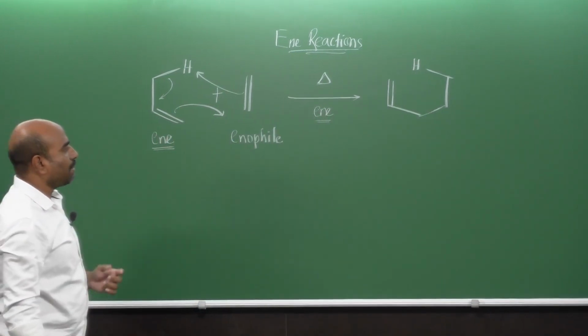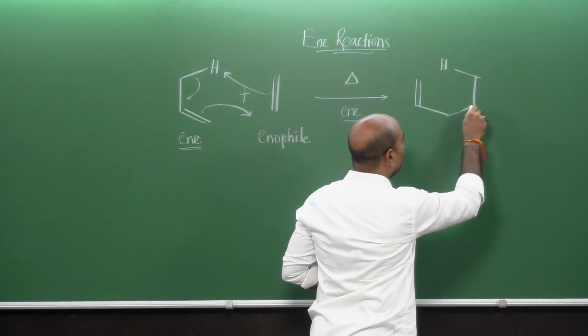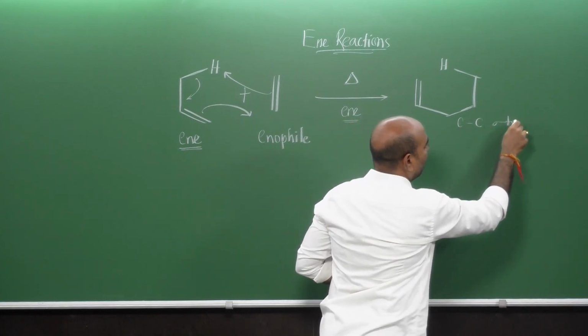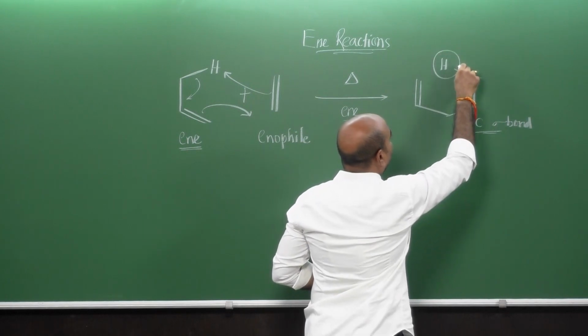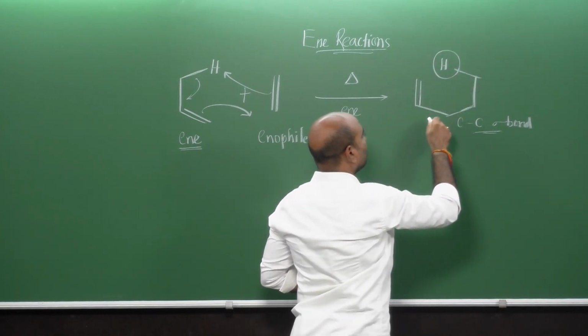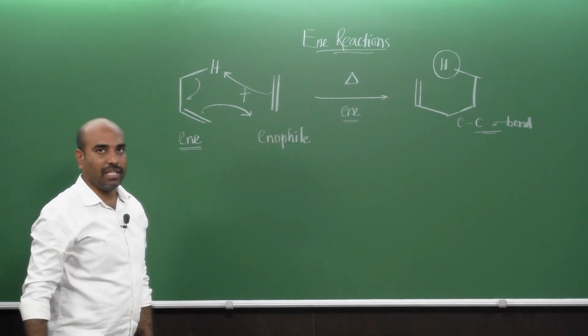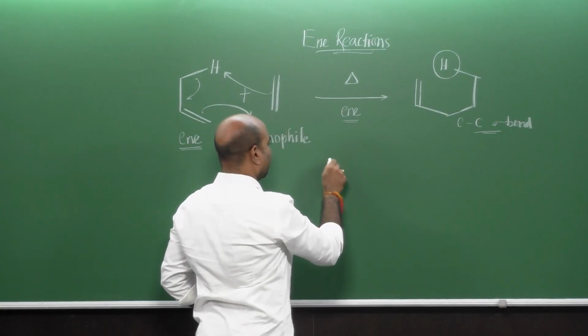What is happening at the end of the reaction is that a new carbon-carbon sigma bond is formed, and you can also see the transfer of the hydrogen from the ENE to the enophile. It happens via a cyclic transition state, right?